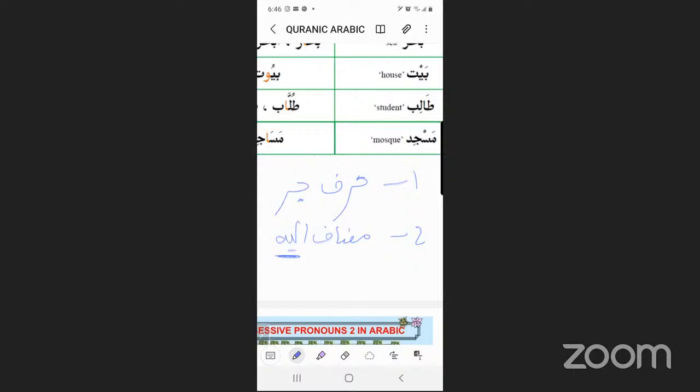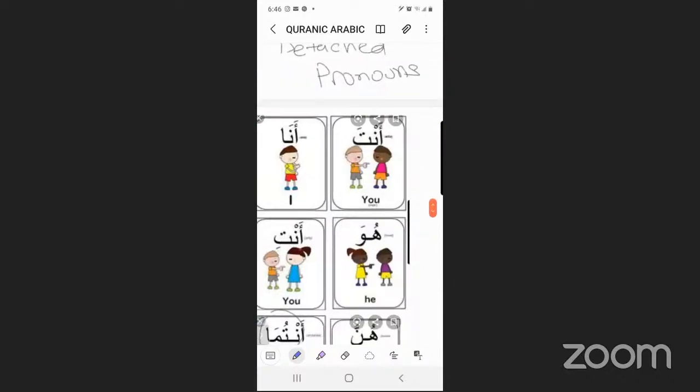Harf jar comes before the next word, and the word after it becomes majroor. Yes.